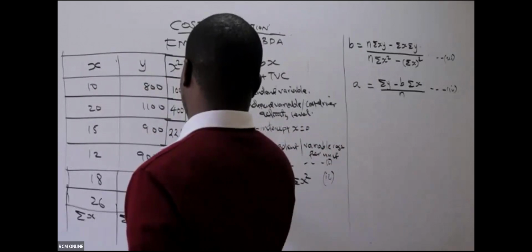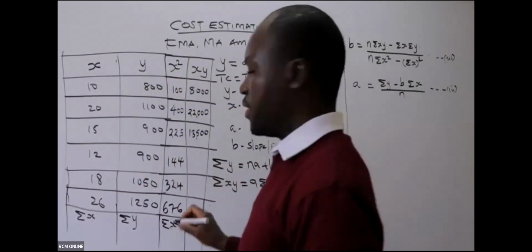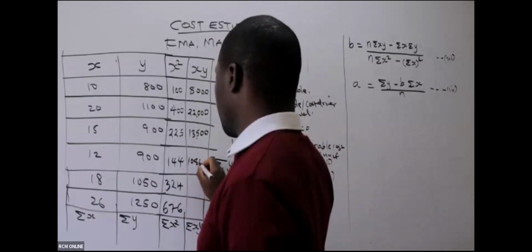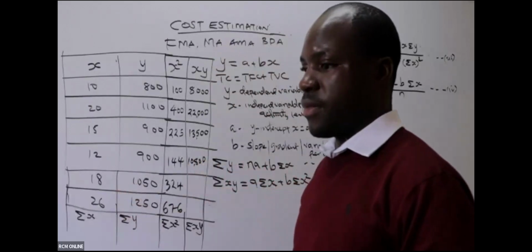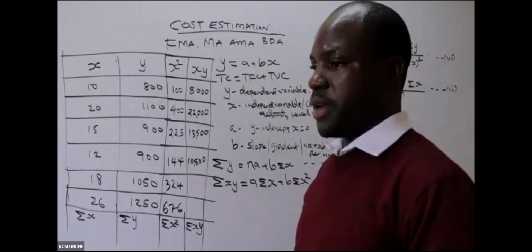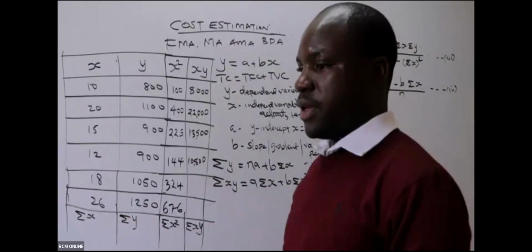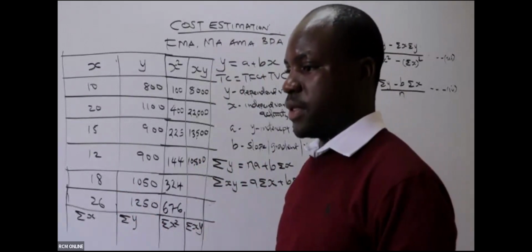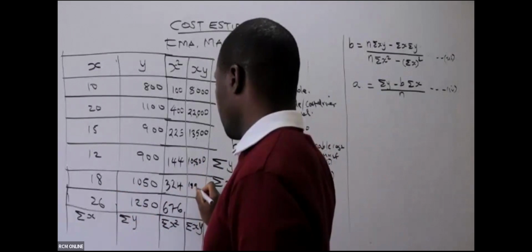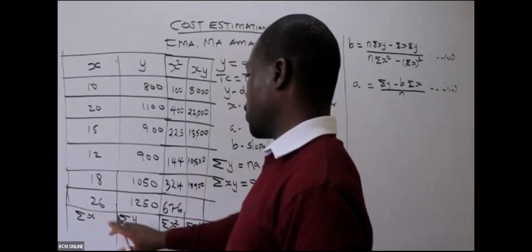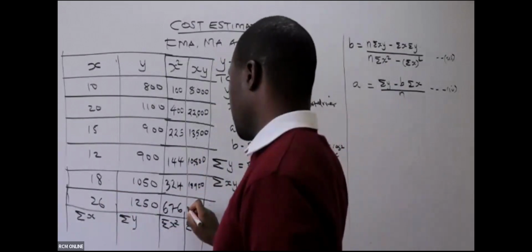How about 12 by 900? 10,800. Then 18 by 1050. We'll be having 18,900. Then we take 26 by 1250, 32,500, right?